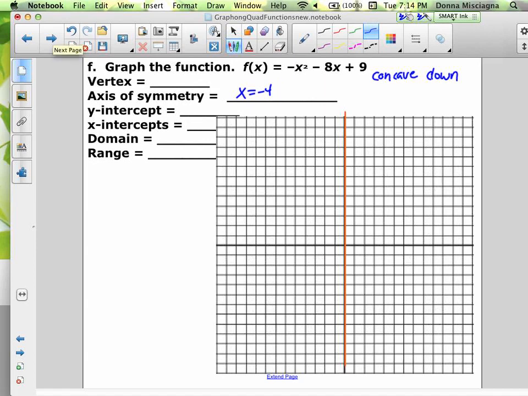And the vertex was -4, 25. And our y-intercept was 0, 9. Our x-intercepts was positive 1, 0, and negative 9, 0.